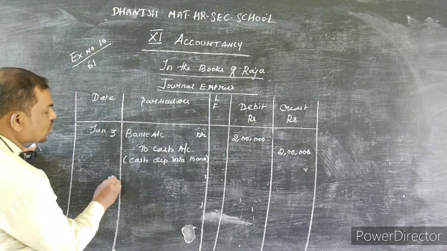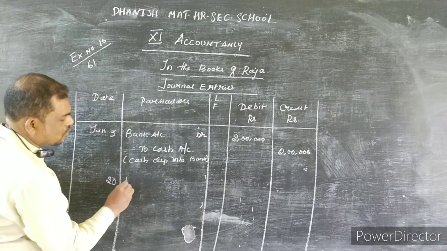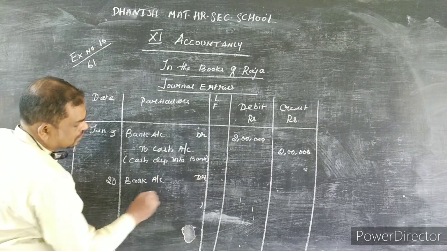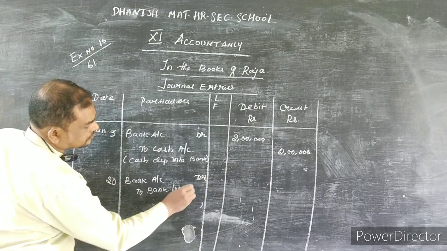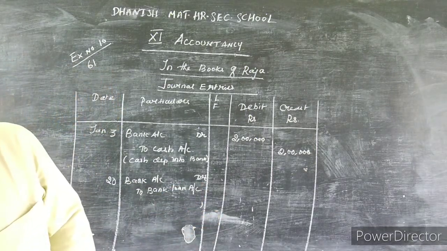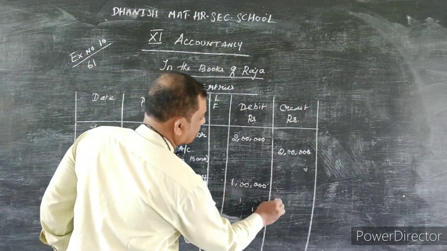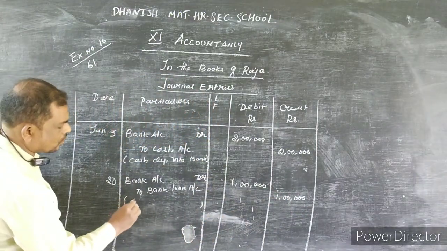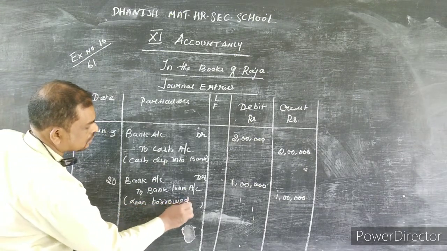Date is 20. Whenever you write one transaction, leave one line, after that write the next transaction. So bank account debtor to bank loan account, amount rupees 1 lakh. Loan borrowed.